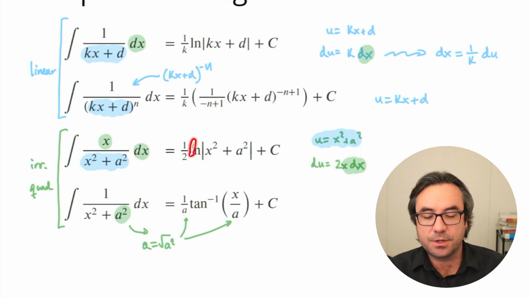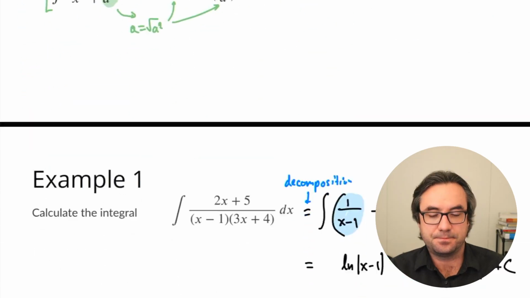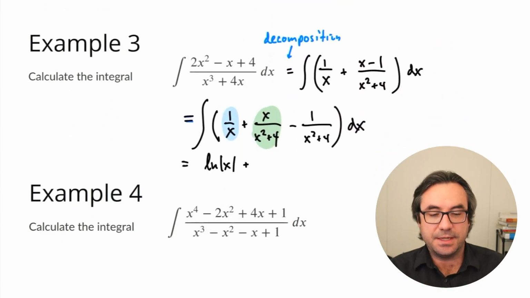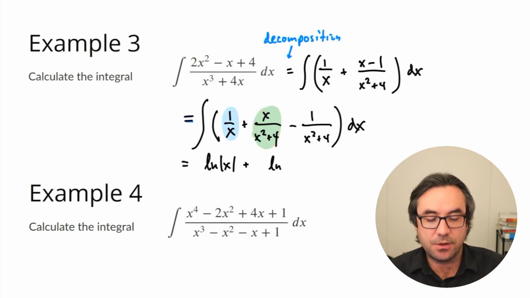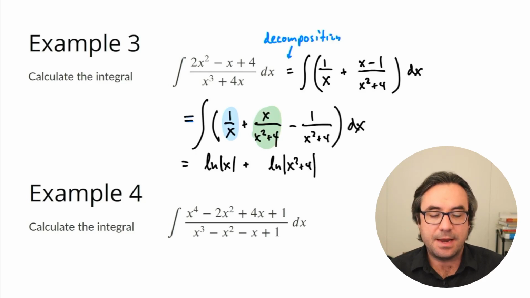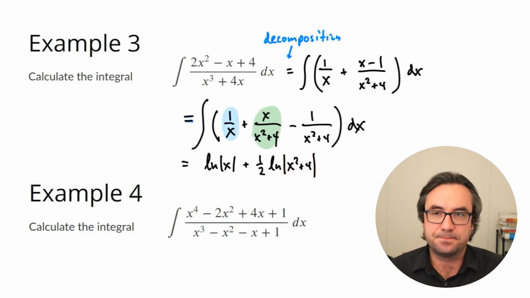The way this one works, natural log of the denominator, and then with a 1/2 in front. So that's the situation we're running into right here. So it's going to be the natural log of the denominator. Now, technically, this is an irreducible quadratic, and all the terms here are positive, so we don't really need the absolute value sign here. And then we have a 1/2 in front.